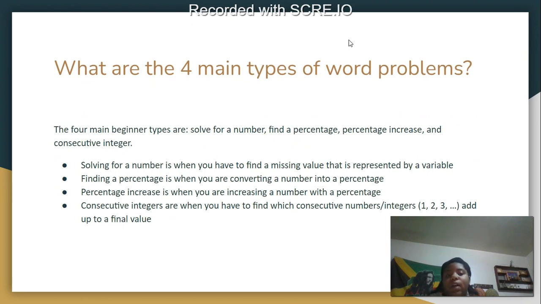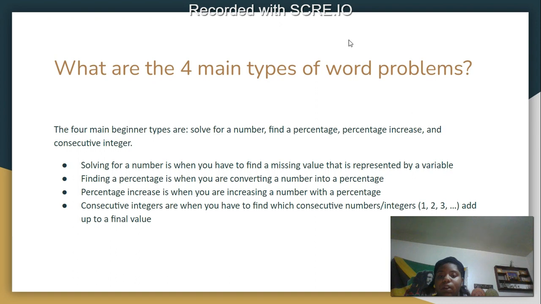What are the four main types of word problems? The four main beginner types are solve for a number, find a percentage, percentage increase, and consecutive integer. Solving for a number is when you have to find a missing value that is represented by a variable. Finding a percentage is when you're converting a number into a percentage.